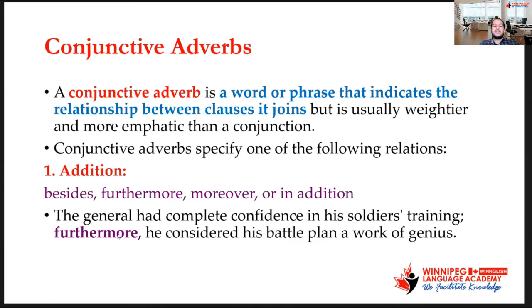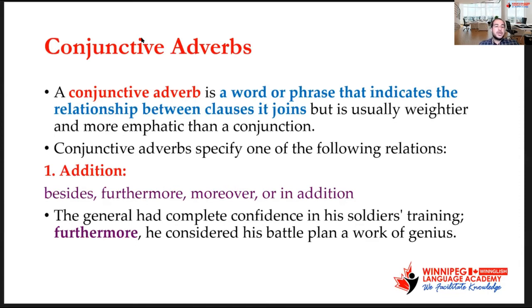We added the comma after furthermore because it's not a part of the sentence. This is an extra word to the sentence. If the conjunction is part of the sentence, it will be a dependent clause. For example, if you look at the word when in when I eat my lunch, when is a part of the sentence. That's why we did not use a comma after when, all right?